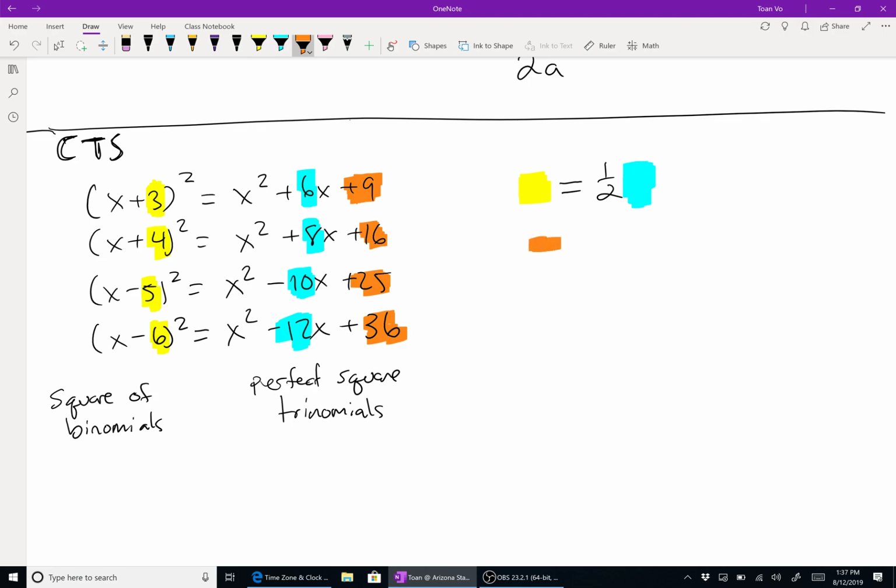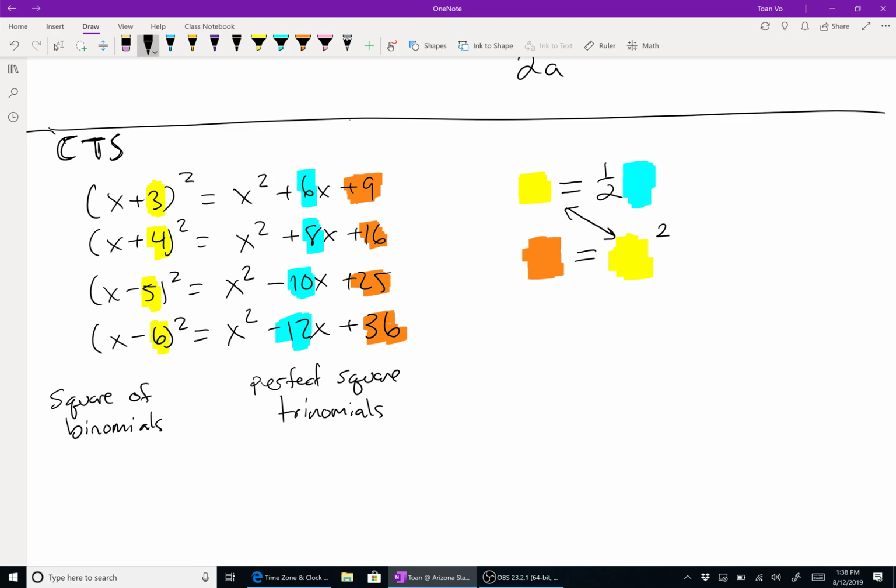And this color here, I think it's orange, thank you. We said that it was just the yellow squared. So where does completing the square come from? It's just connecting these two relationships by the yellow.